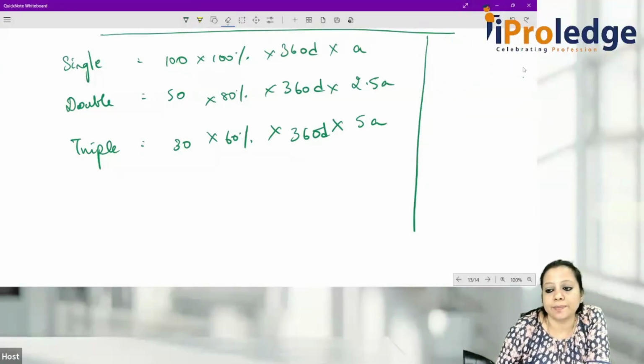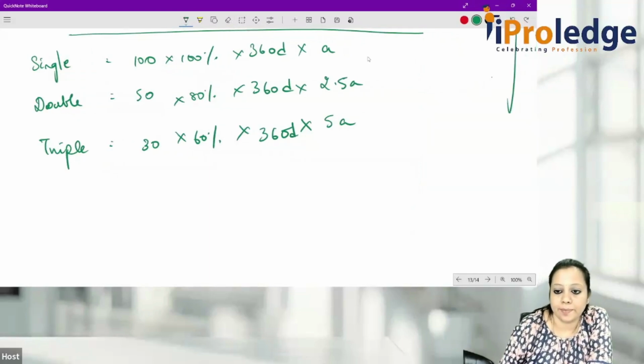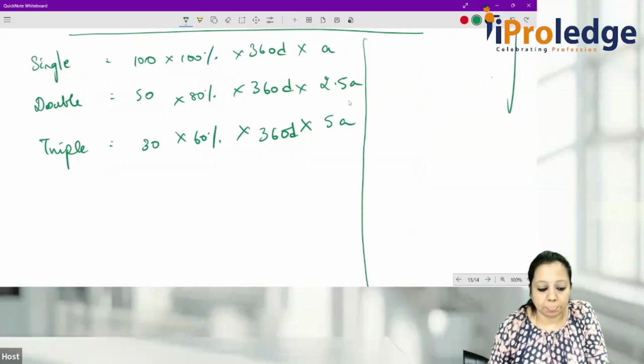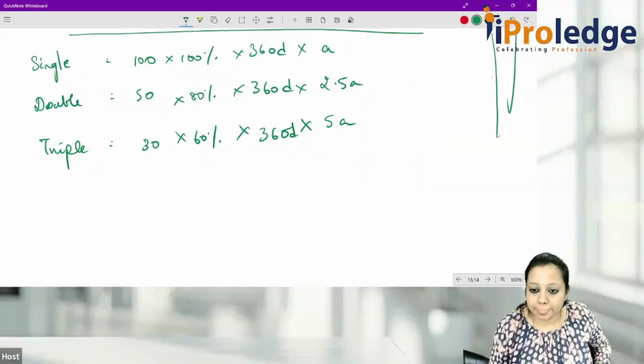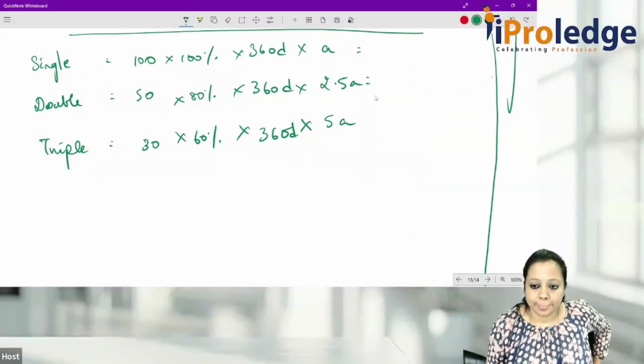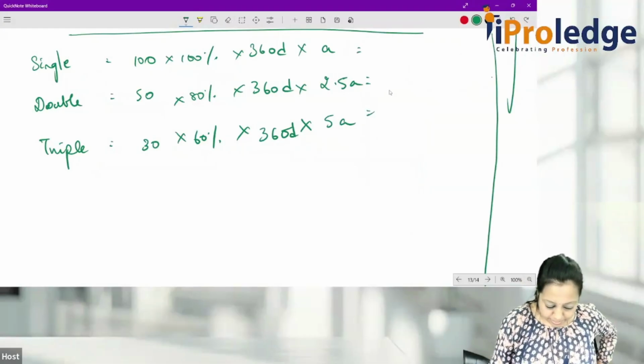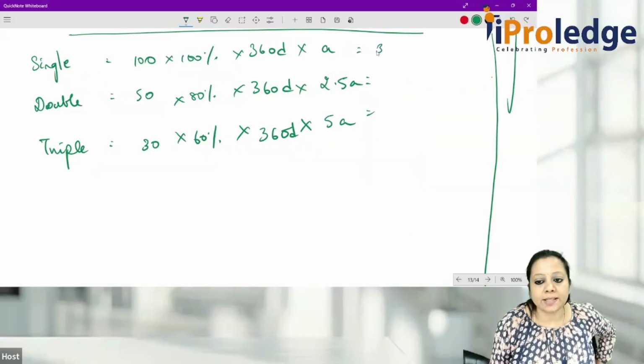Salary is this part. The previous part I raised. First one is 36,008. Very simple.